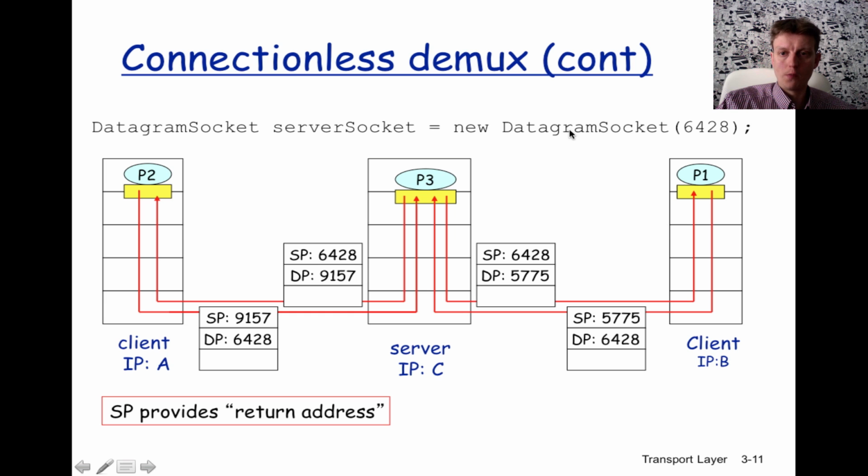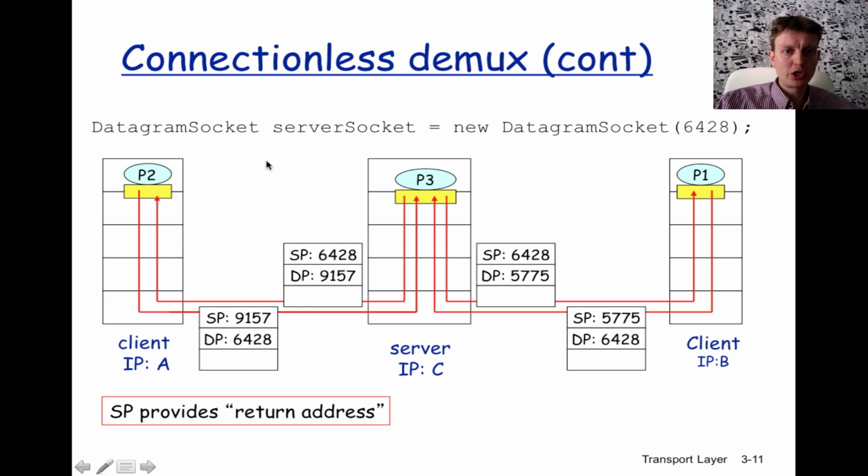So it just opens a socket on a selected port number. The client machines, those at the borders of this diagram, when they create a socket, they need to specify the destination address for the server and the destination port number.